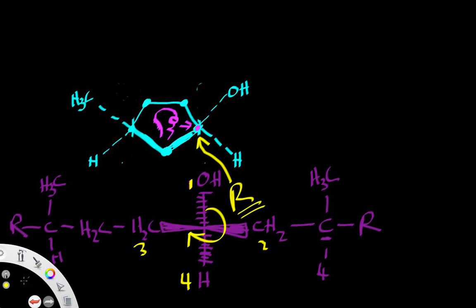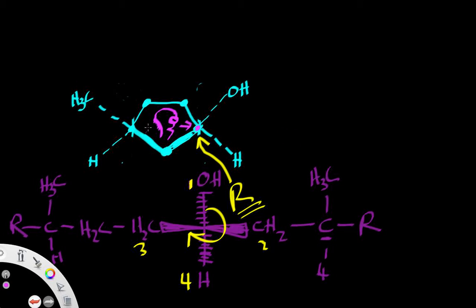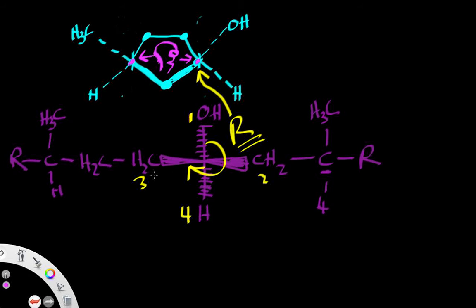So now if we take our alien head and move it 180 degrees and now look at this carbon instead, we can compare and contrast. So now once again we will draw another Fischer projection.